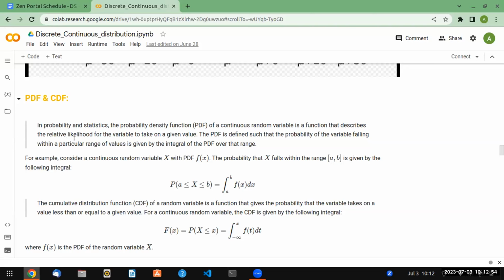Likelihood means probability, isn't it? We have seen this in conditional probability. Here we are not calculating the frequency of occurrence. Suppose 30 to 35 kg in this range, how many people? What is the probability of getting maximum people in this range? Not the frequency. That's why it is called relative likelihood.